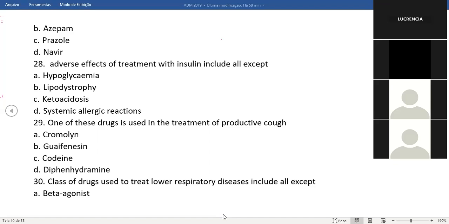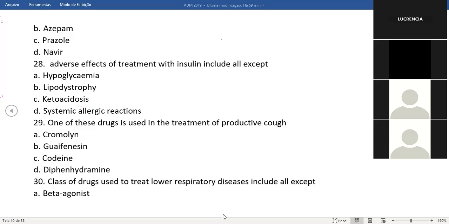The answer is ketoacidosis, because ketoacidosis is a result of diabetes. When the blood sugar is not controlled, you have ketoacidosis. But when it is controlled, you don't have ketoacidosis. Ketoacidosis is common in type 1 diabetes mellitus. So when you are treating it, you won't have ketoacidosis. Is it clear?